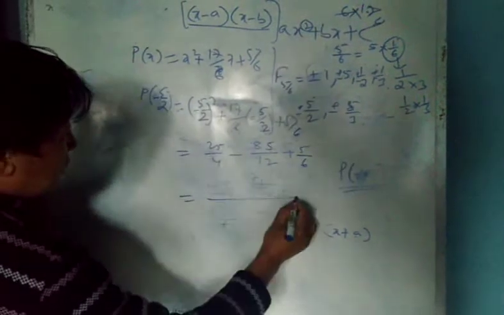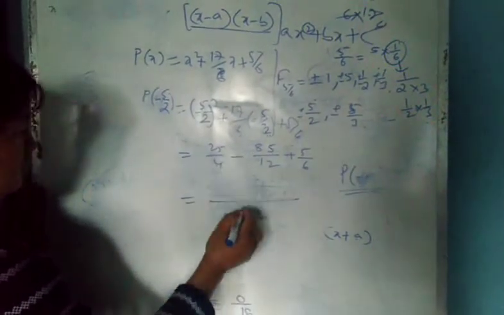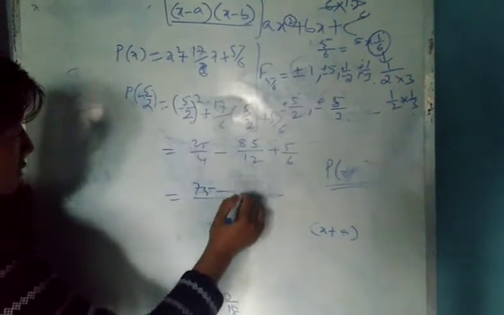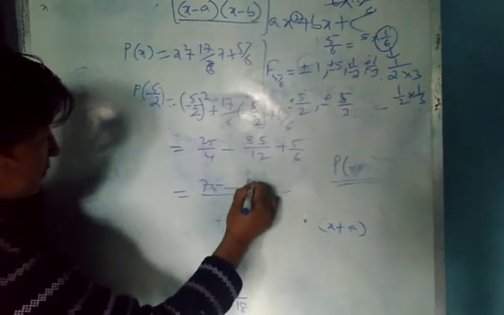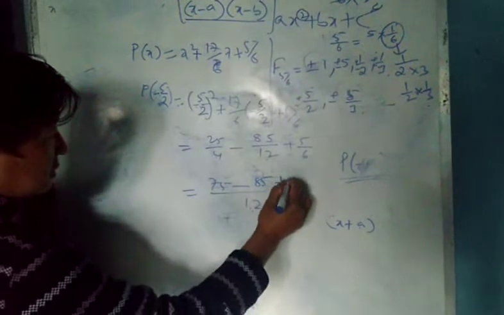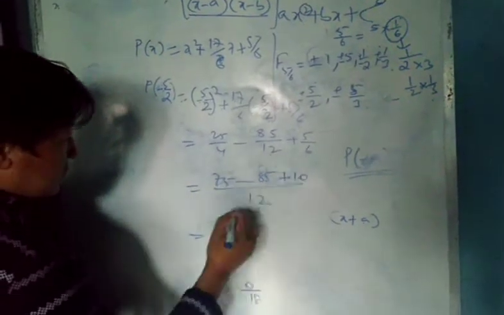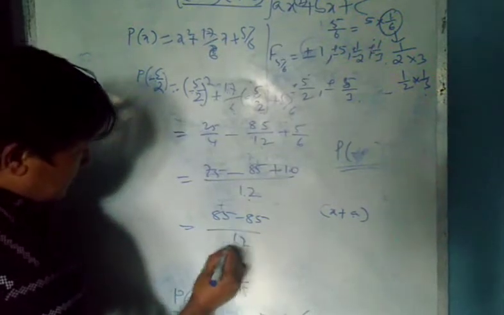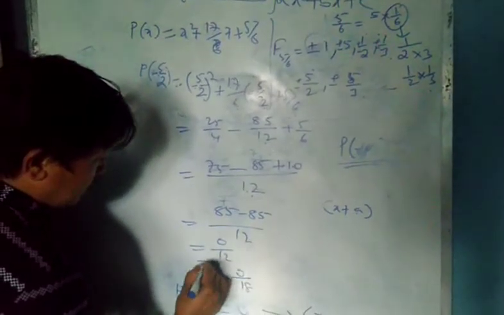So the LCM will definitely be 12. 4 how many times? 3 times. 3 into 25 is 75. 12 one time, 1 into 85 is 85. 6 two times, 10. So now 75 plus 10 is 85, minus 85 again, how much is it? 0 by 12, that is 0.